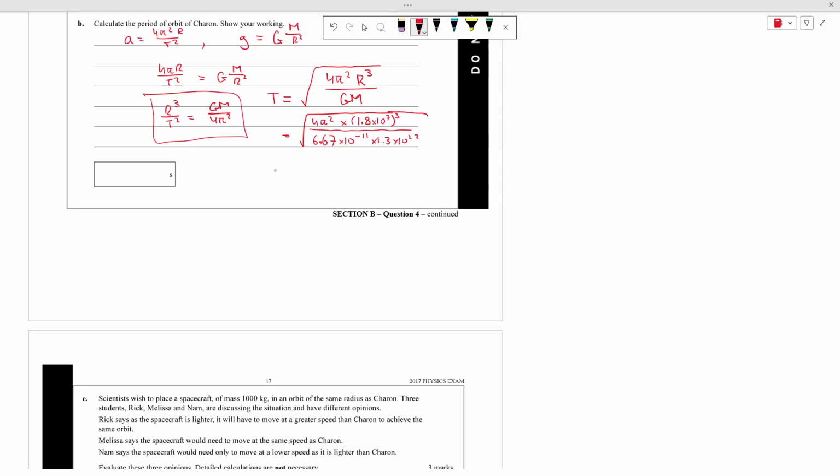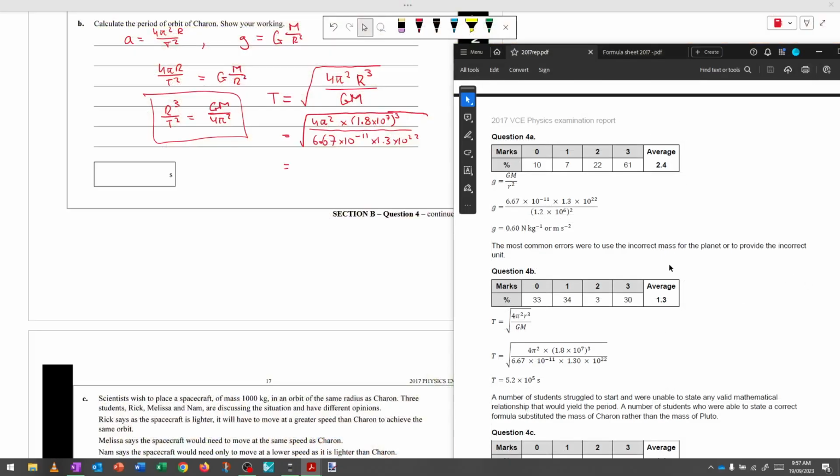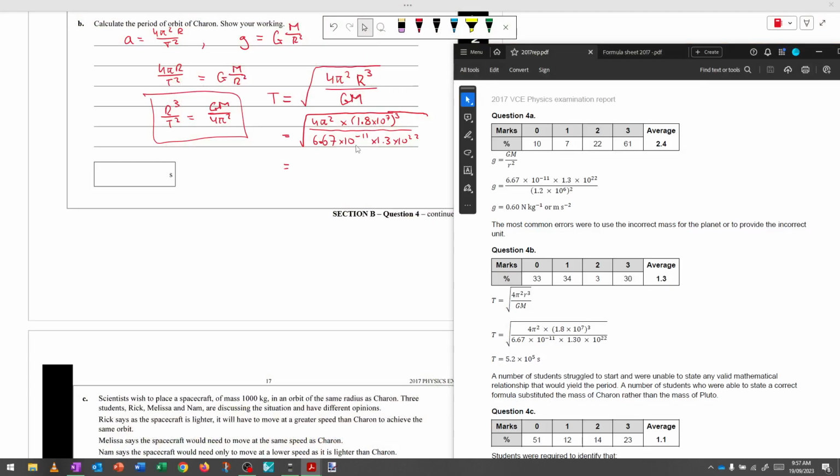Alright, so now I've got all of that. I can now just check the answer in the solution or the report. Yep, okay, so it's 5.2 times 10 to the 5 seconds. Lovely.